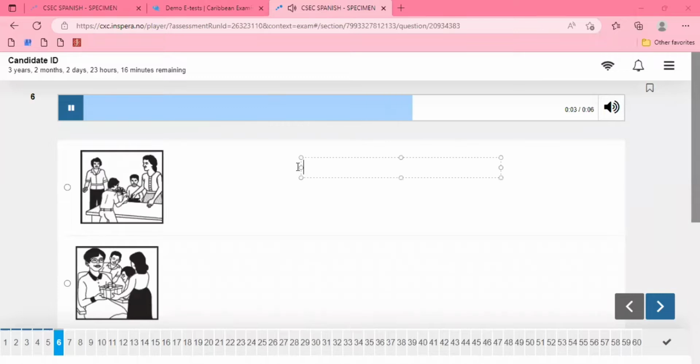"Ellos miran mientras que ella le entrega el regalo." I apologize for playing it more than once. I just want to make sure I type it out properly. Of course, on the actual exam, it would be read once, but I'm doing this because I want you all to see the exact sentence so that we can break down the vocab. So my apologies.